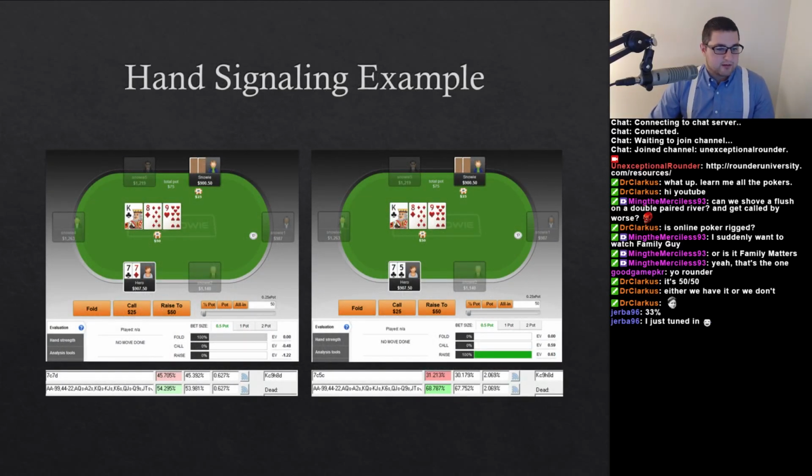All right. So these took a little while to build and get straightened out, but I think they're pretty good examples of this topic. In the hand on the left, we have pocket sevens, which has about 45% equity against our opponent's range. Now, in case anyone's wondering, I used Poker Snowy for this, which is pretty much a computer-generated training tool for poker.